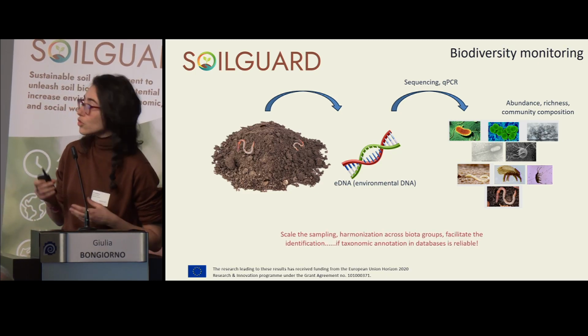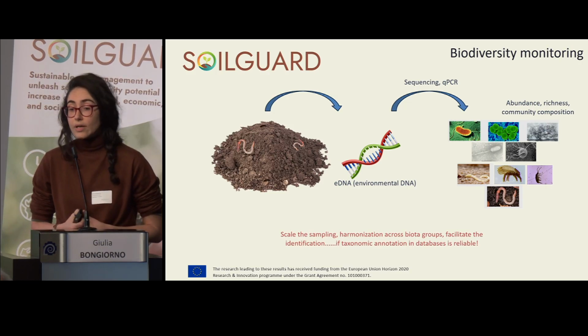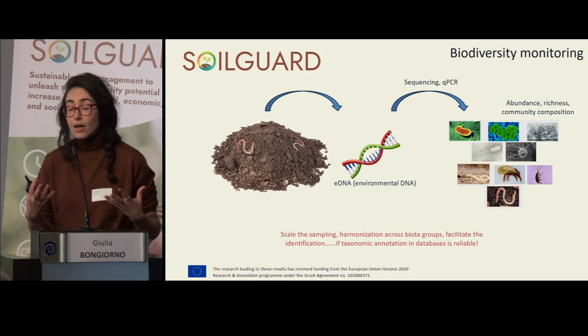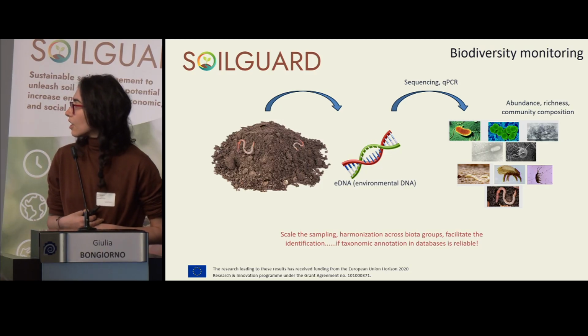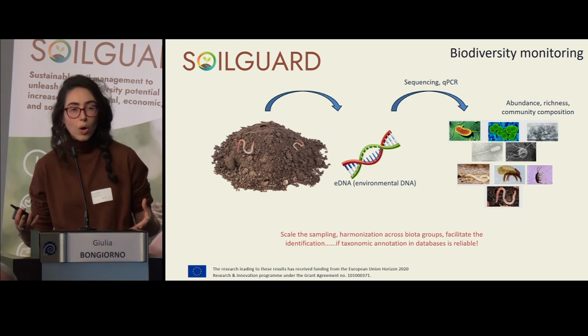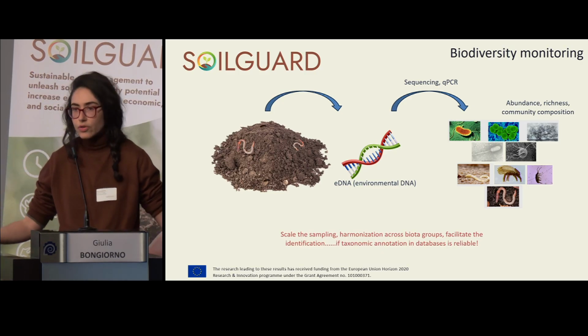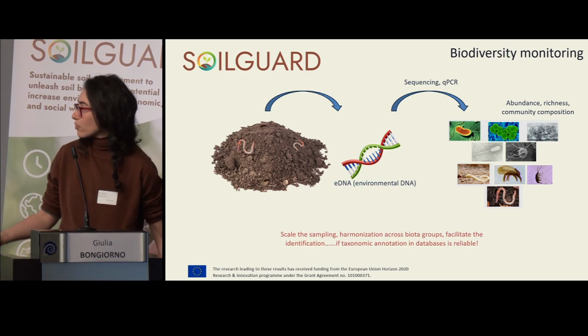You can understand that these methods are highly beneficial and have an important role, because they could be used to be more high-throughput, so they could be used at bigger scales of characterization when we sample.